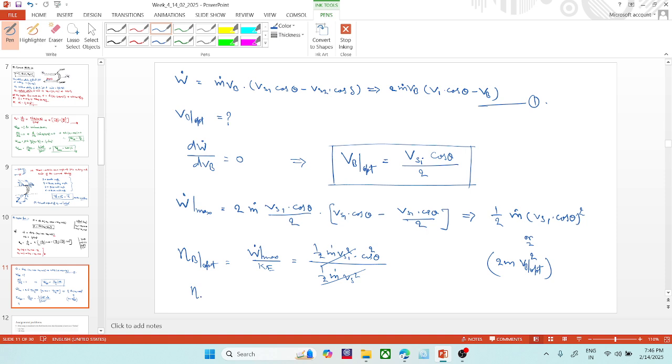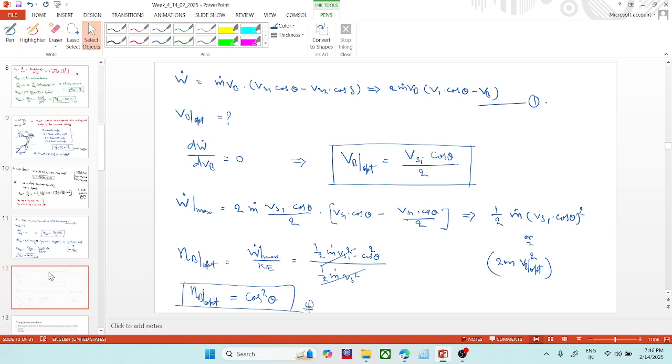So in this case, for the curved blade at theta angle, the optimum efficiency would be cos square theta, the square of the cosine of the nozzle angle. Okay, so this is another thing. There are a few more definitions I would write here, then we will solve the tutorial problem.